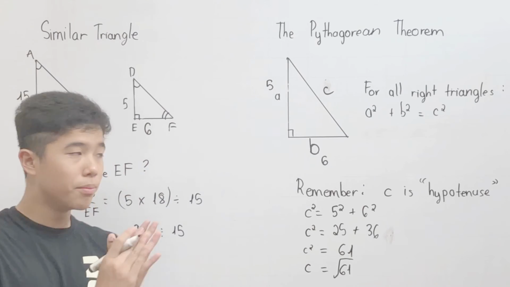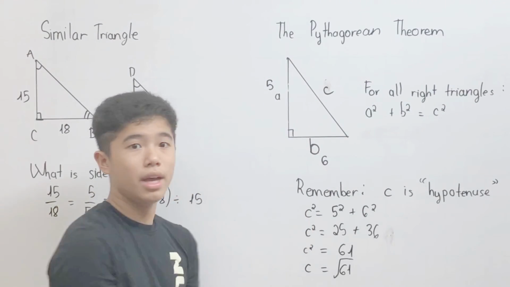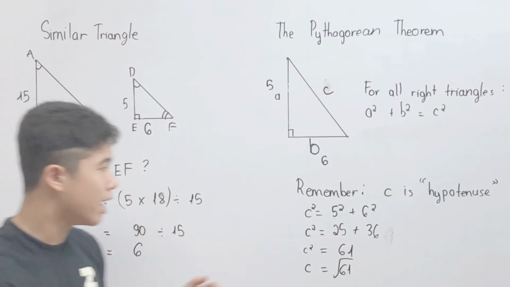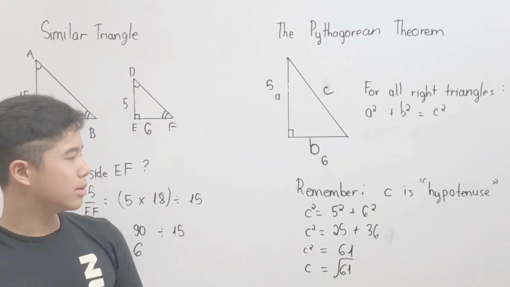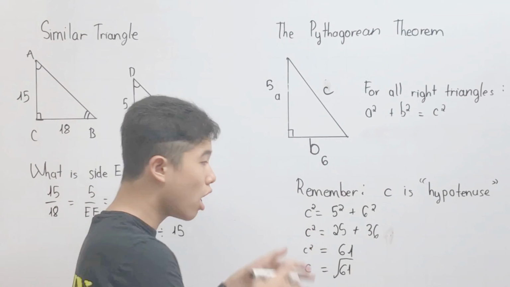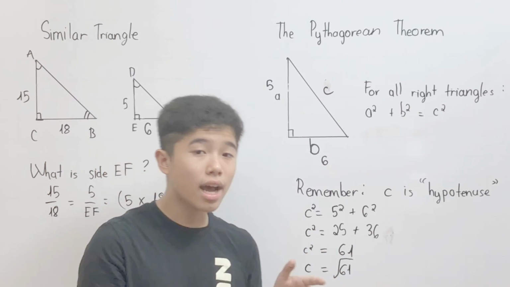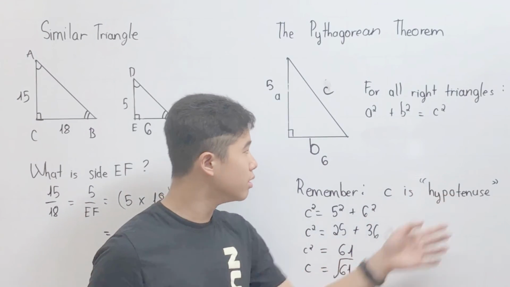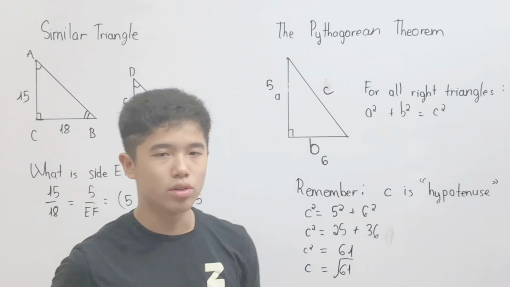And remember, you must identify the triangle. Is it a right triangle? And you must see where is the hypotenuse. What is the hypotenuse? The hypotenuse is the longest side, the side that has the longest length. Often that side is opposite to the right angle.